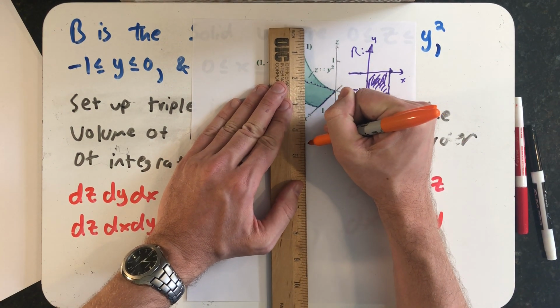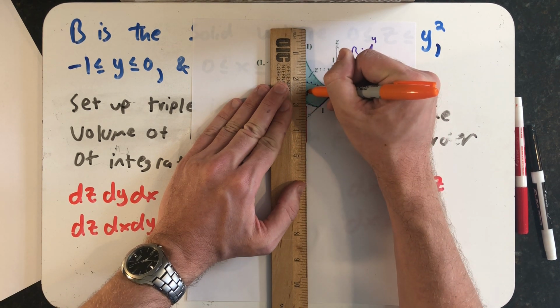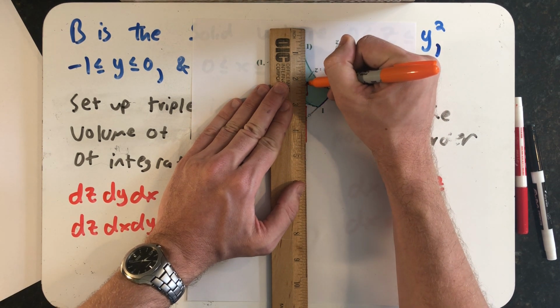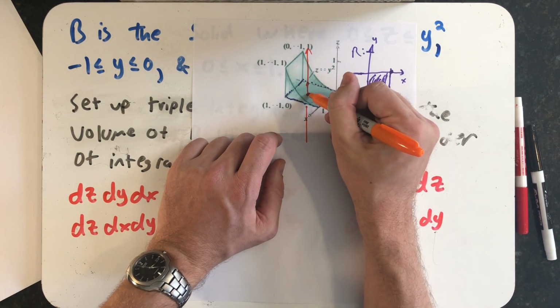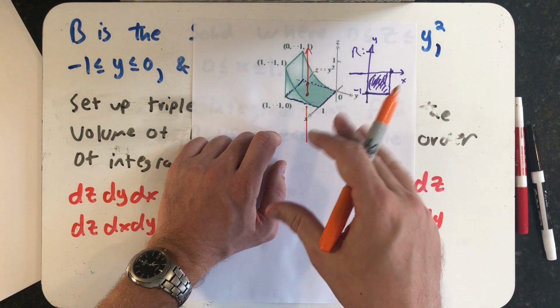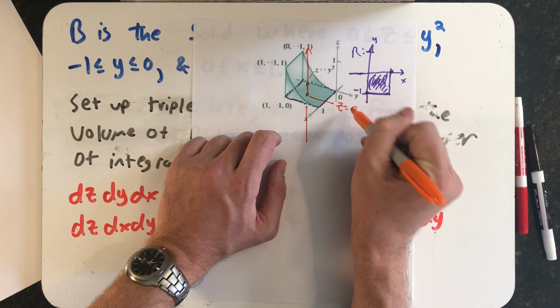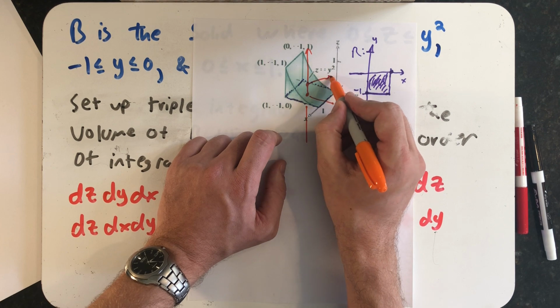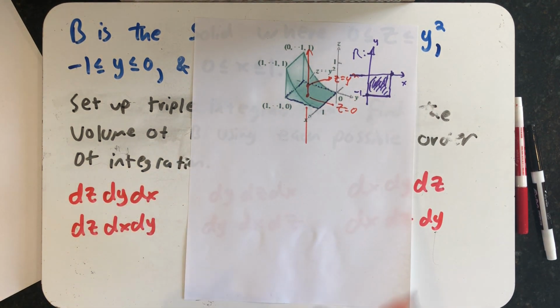So I'm traveling in the z direction, and I hit that square, and then I come up and I hit the surface itself. And so if I think about it, when I hit the bottom there, kind of the floor of this wedge, that's at z equals 0. And then very clearly here, that's at z equals y squared.